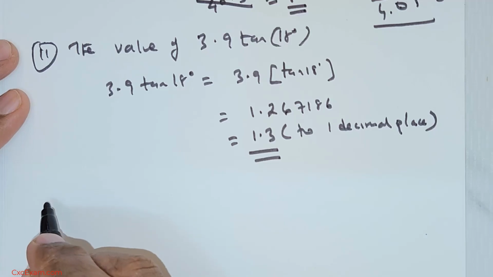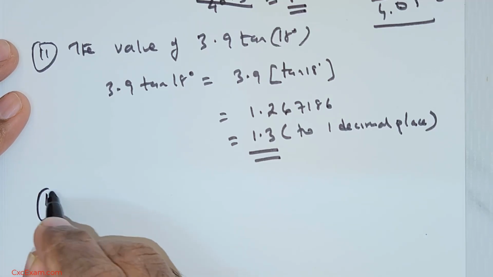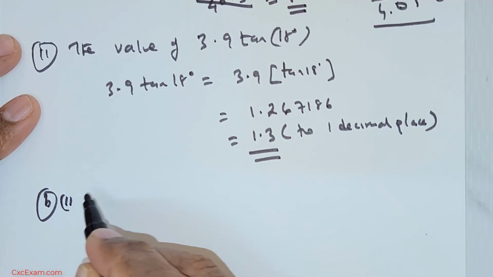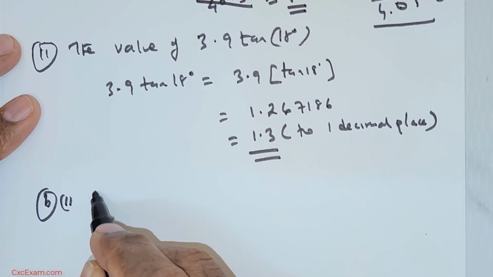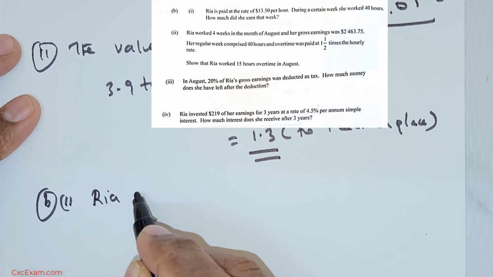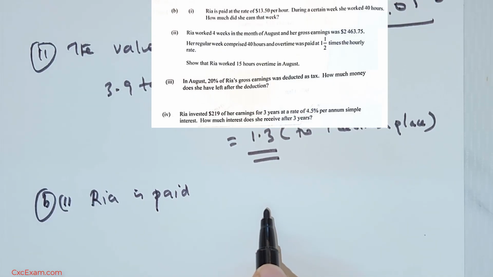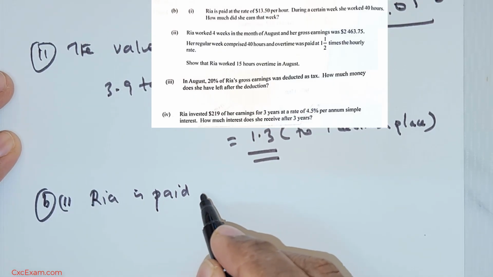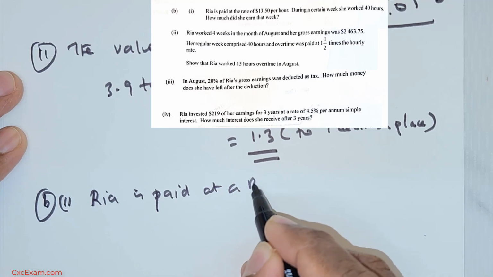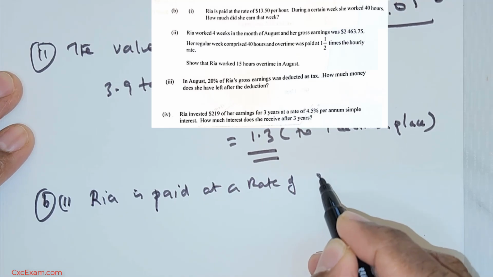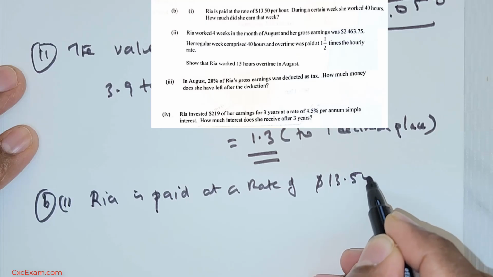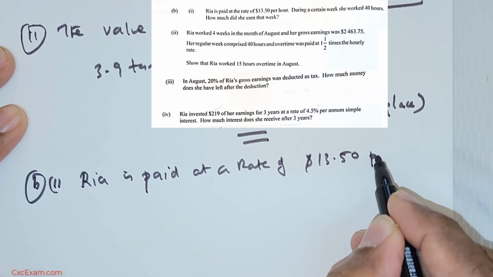Now this is the next question. B part 1 states as follows: Ria is paid at a rate of $13.50 per hour.